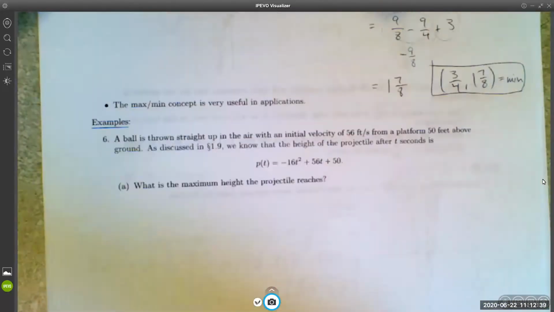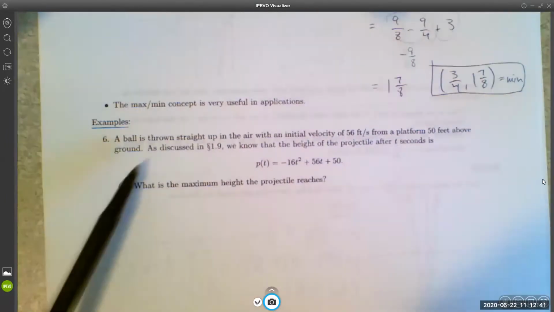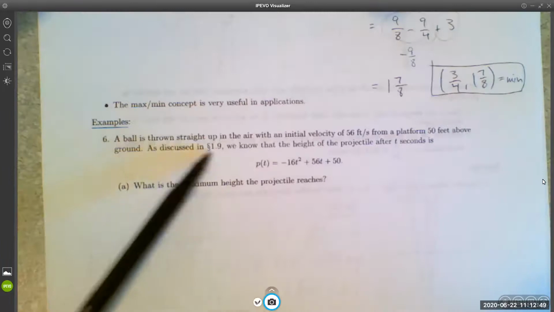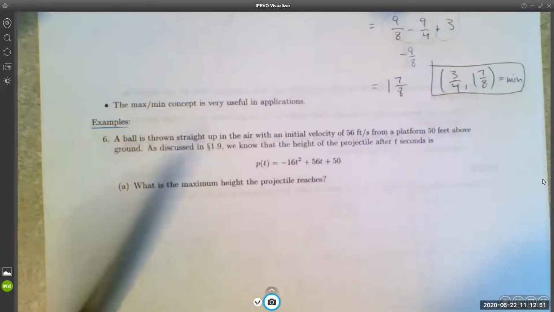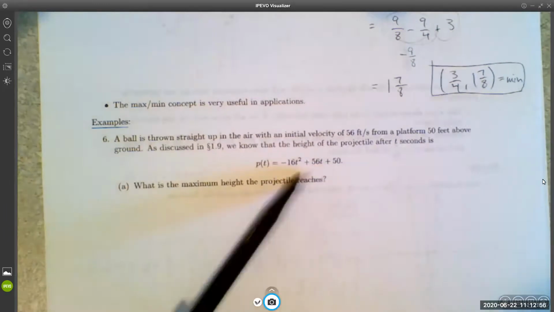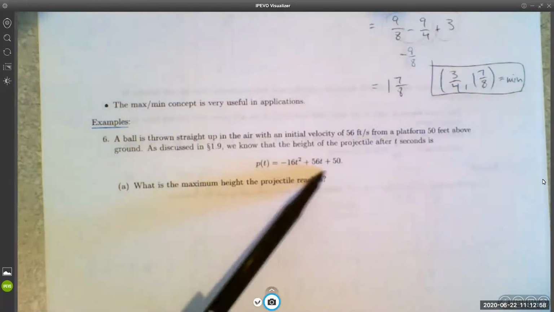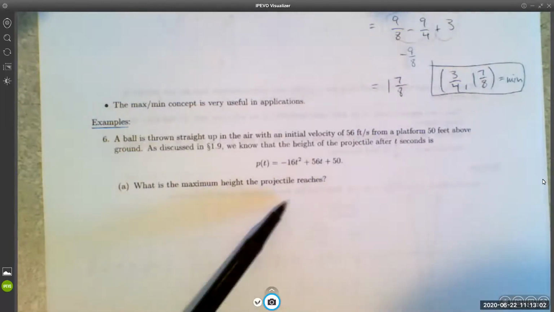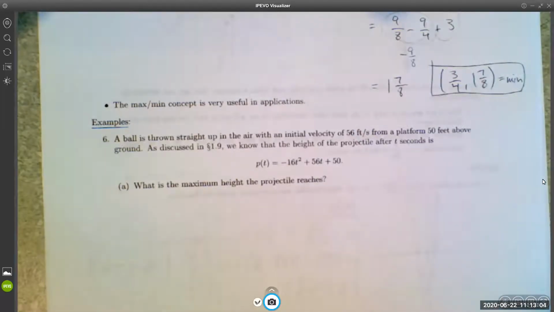So, for example, it says a ball is thrown straight up in the air with an initial velocity of 56 feet per second from a platform 50 feet above ground. As we discussed in section 1.9, we know that the height of the projectile after t seconds is going to be -16t squared plus 56t plus 50. Part A asks us, what is the maximum height the projectile reaches?